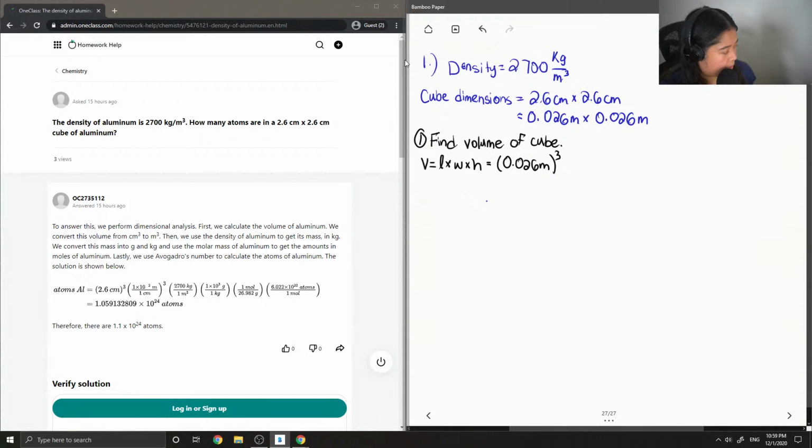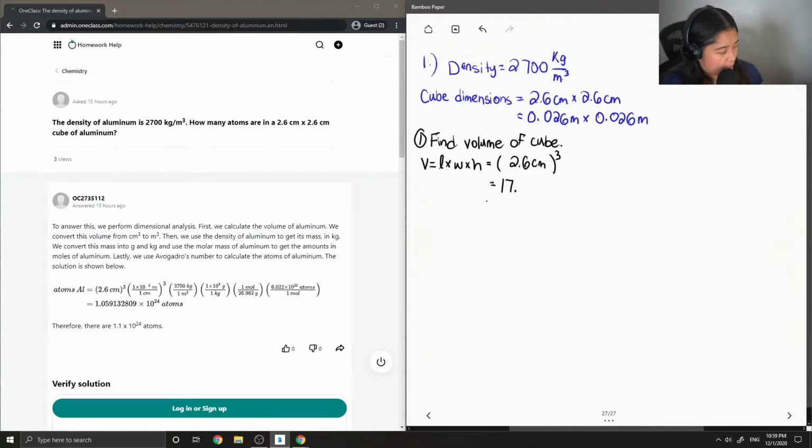Actually, maybe I'll just show it if this was the 2.6 centimeters and we didn't convert it, just to show how you would convert centimeters to meters from here.